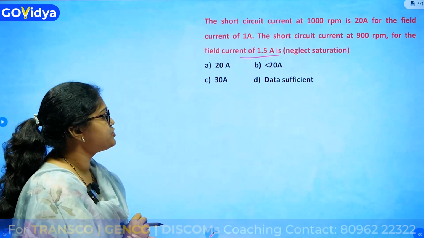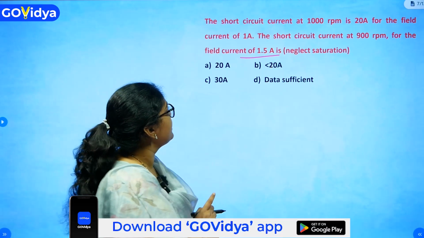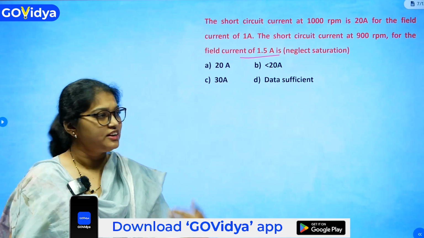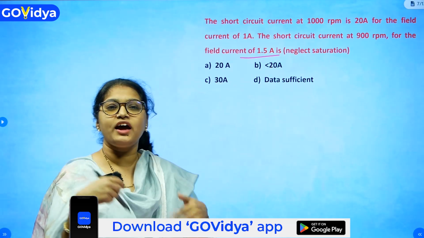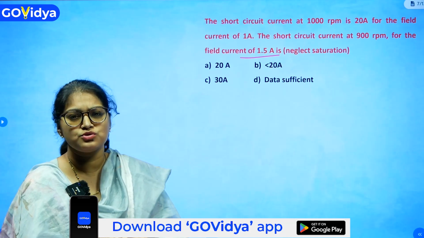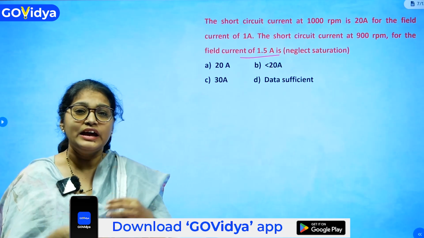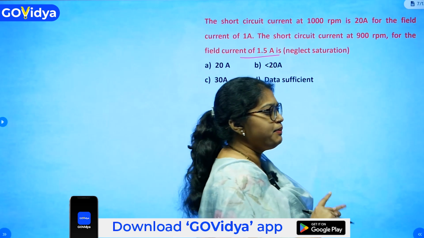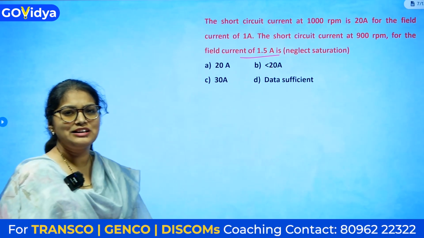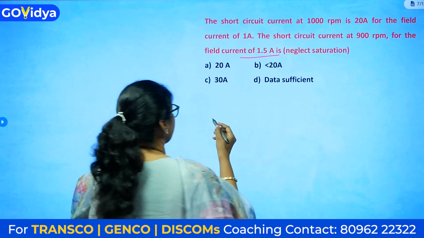To solve this question we have to know one condition, that it is independent of the speed. Even if they had given 200 rpm, that doesn't matter, because it is independent of the speed. It depends upon the impedance values and the EMF value. Clear? So we'll solve the question.